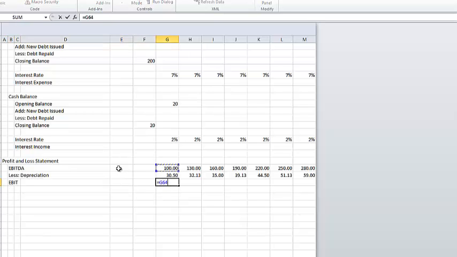It's the wonderful thing about EBITDA, which I shouldn't tell you my age, but when I went to university there was no such thing. And then we can put less the interest expense, add the interest income, and get our net profit.